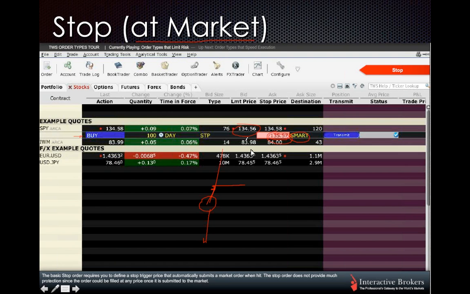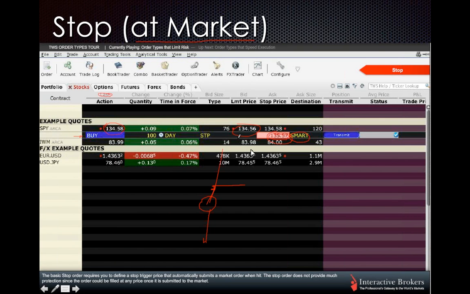So let's consider it is just the last. It means that the last over here, you see last, should be 135.57, and if it's above 136, for instance, that of course matches these conditions, and your order must go to the market at the best possible price.